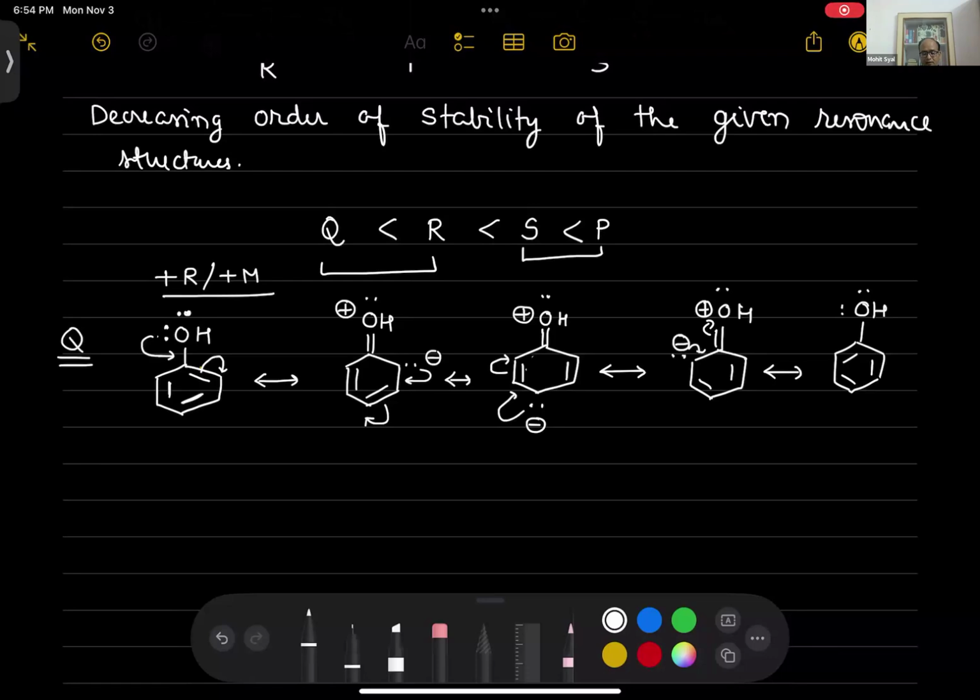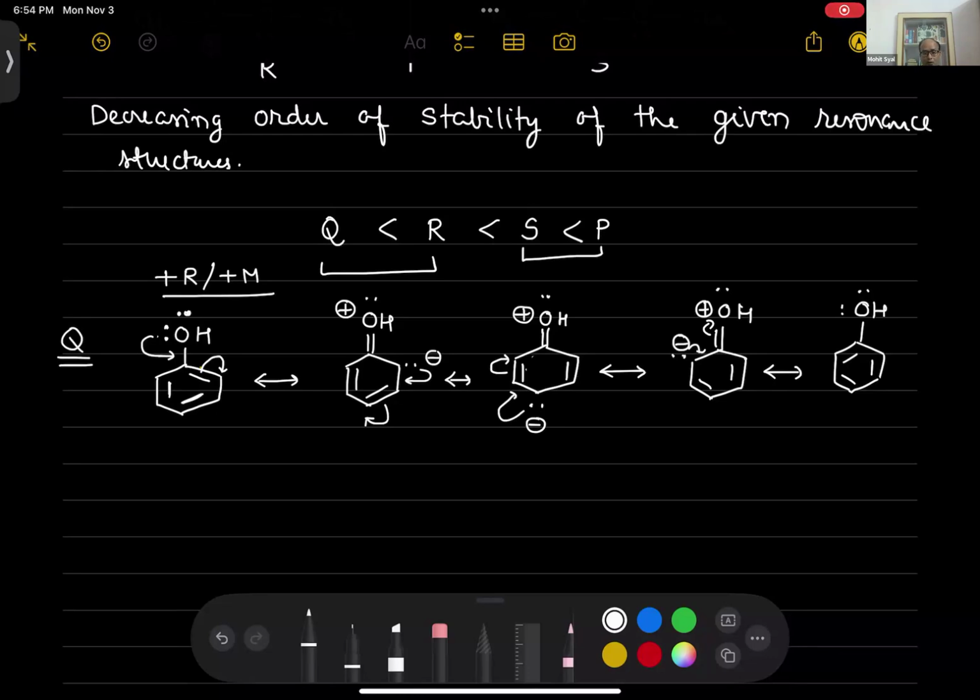So you are having this benzene. Is there any inductive effect between the OH and the benzene? Yes.